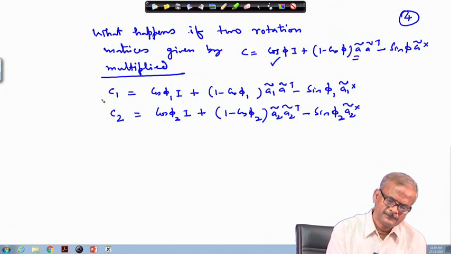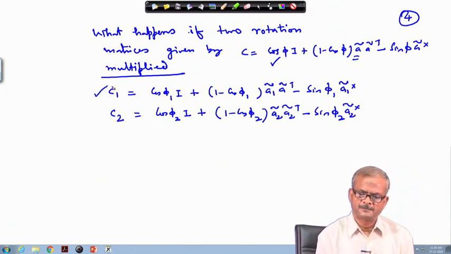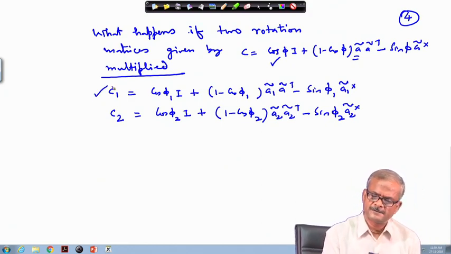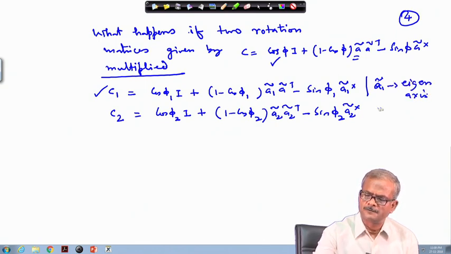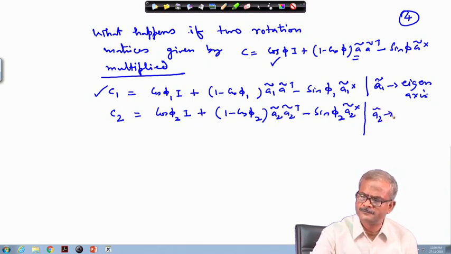So, if we give this rotation first, that is rotation about the A 1 tilde eigen axis. Next, we give rotation about the A 2 tilde eigen axis to the same body.